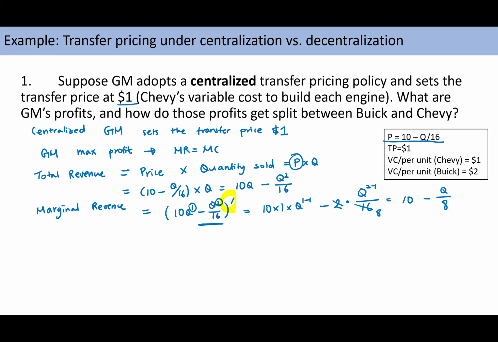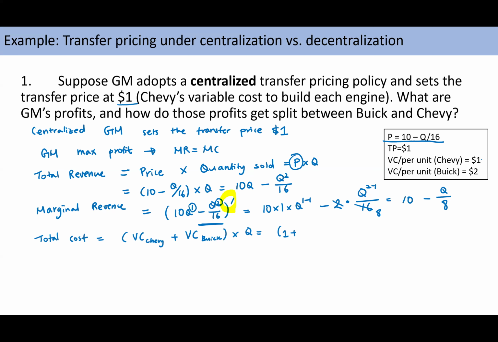Now let's find the total cost function to find the marginal cost. Total cost is equal to the variable cost of Chevy plus the variable cost of Buick times the quantity sold. We know that the variable cost per unit for Chevy is $1.